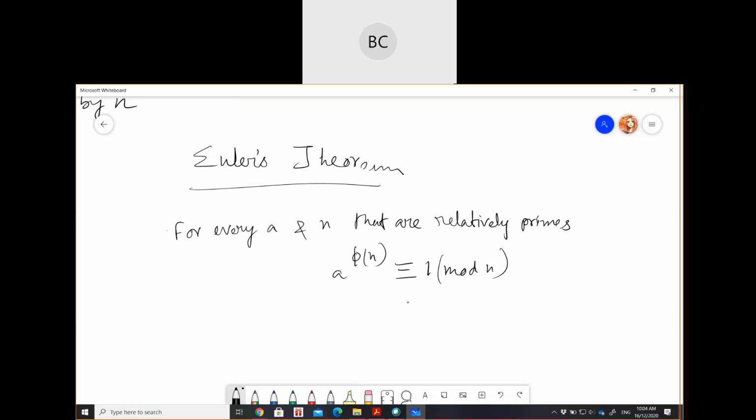This phi function is nothing but your totient function. There is a proof too, but the proof is not that important at this level. Of course, you are welcome to see how you can prove the theorem. Otherwise, what is this totient function?